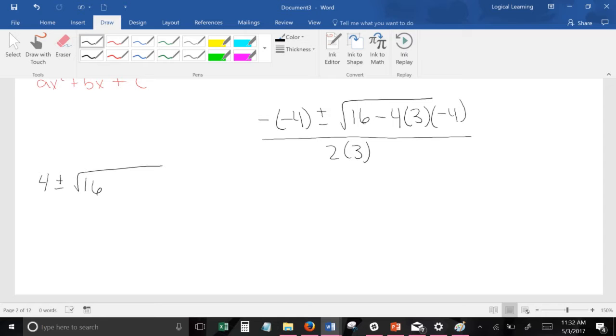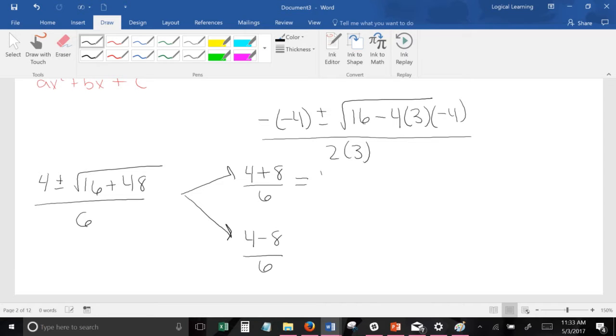Well, 4 times 3 is 12. 12 times 4 is 48, so it's minus negative 48, so that's plus 48, all over 6. And since 16 plus 48 is 64, and the square root of 64 is 8, we're going to get 4 plus 8 over 6, 4 minus 8 over 6.